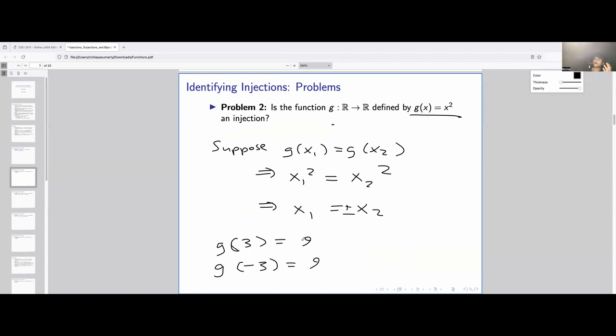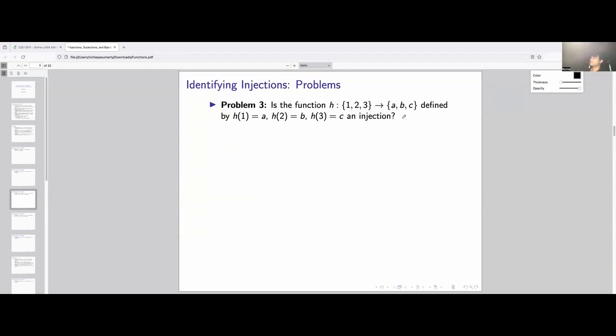So based on the output value of 9, I can't tell you for sure what the input value is. So this function is not injective. If I have an injective function, based on the output value, there's only one possible input value. But if the output value is 9, there are two possible input values. So this is not an injection.